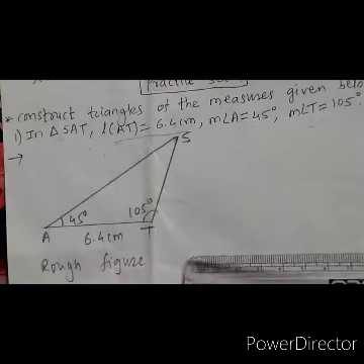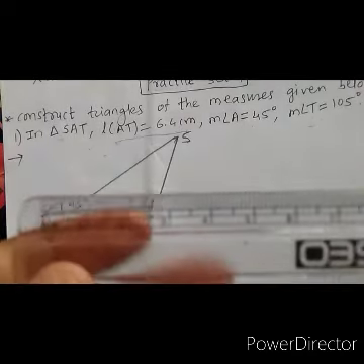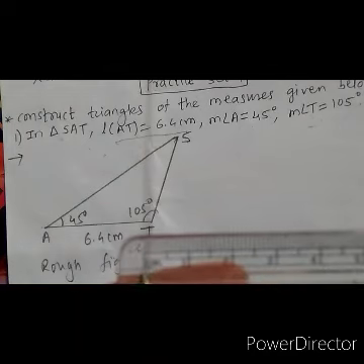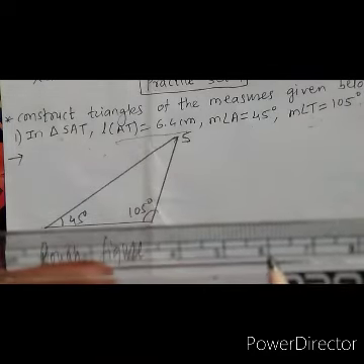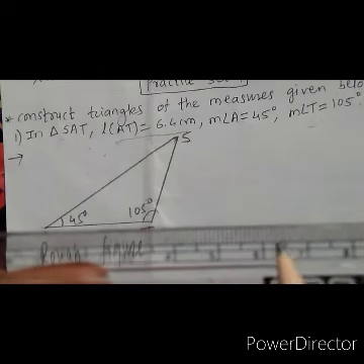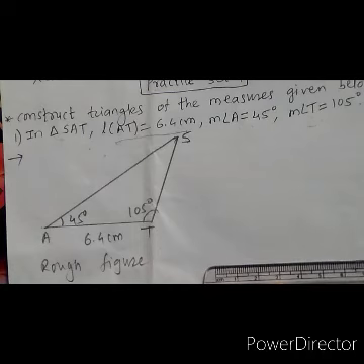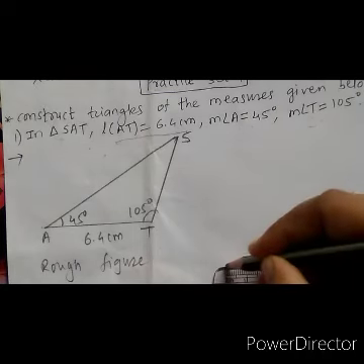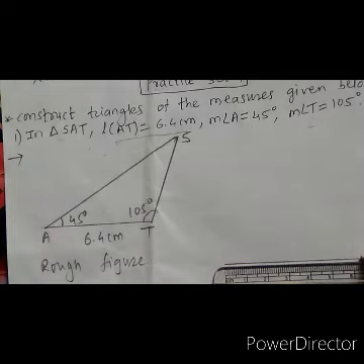So we have to take base AT of 6.4 centimeter. So start from 0, and after 6 we have to take 4 lines, and 6.4 lies between 6 to 7. Therefore here we have to take base AT of 6.4.